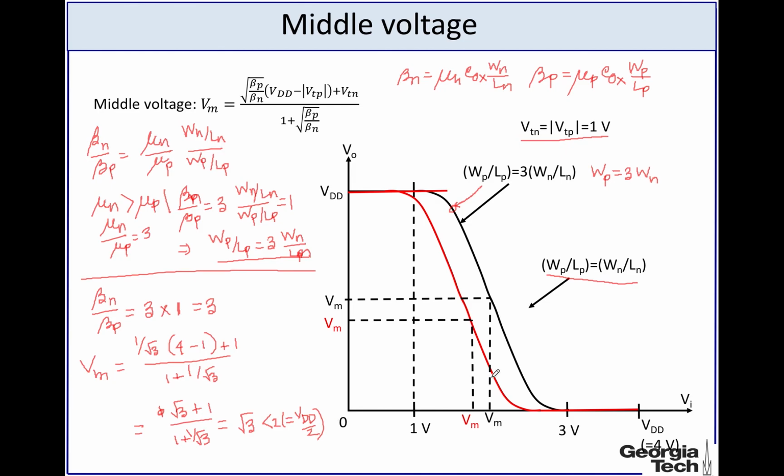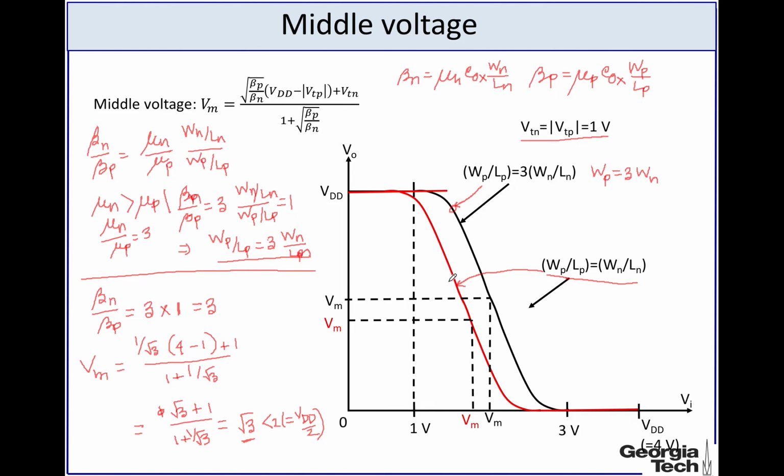Alright, so that means this middle voltage will be smaller, and essentially the voltage transfer curve corresponding to W over L for the P MOSFET equal to the W over L for the N MOSFET will shift to the left with respect to the symmetric voltage transfer curve.